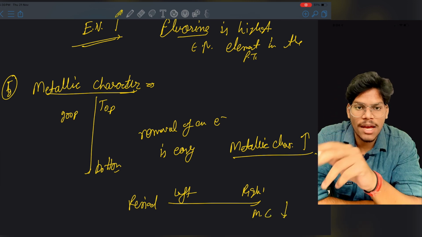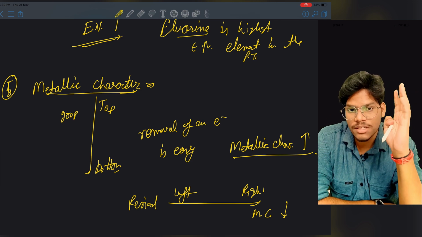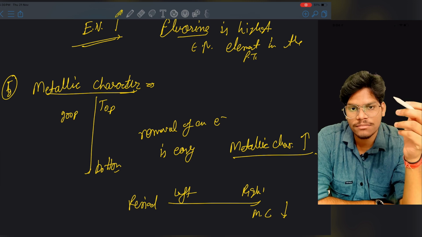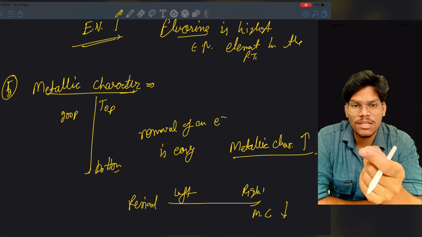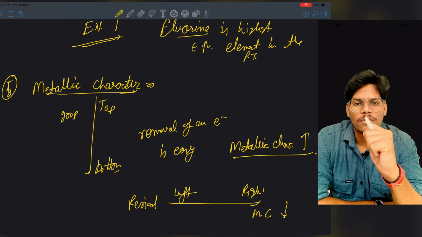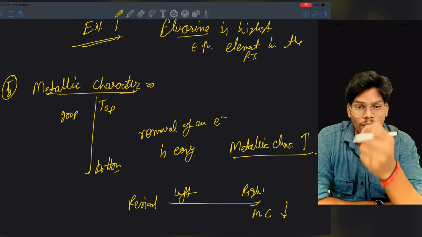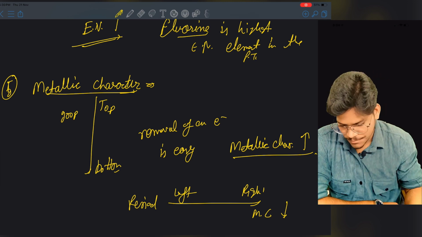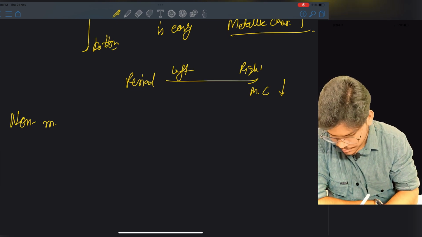Group 1 elements have highly metallic character, and in group 17 the metallic character is very low, because fluorine is the most electronegative element in the periodic table, so removal of an electron from it is very hard, since a high amount of energy is required. And we can clearly see the non-metallic character.